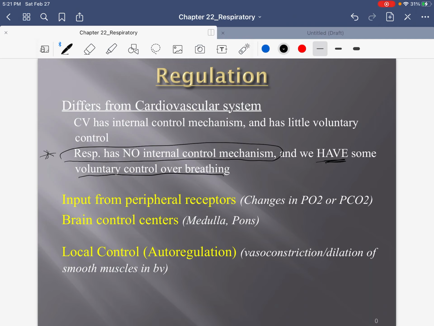The medulla is also a major regulating center of the respiratory system, but the respiratory system also has help from the pons. In order to be able to regulate, the medulla and pons get input from peripheral receptors, which really happens all the time in every body system. And we do have an ability to do some autoregulation.